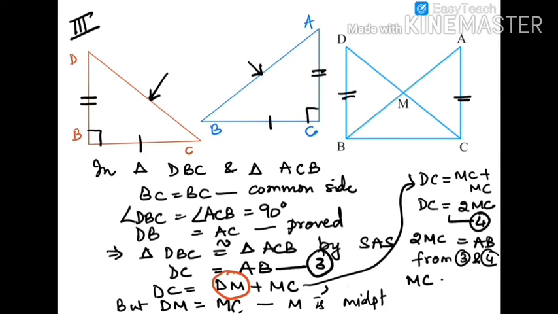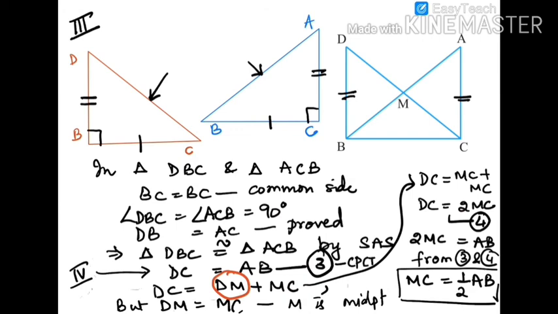This implies that MC is equal to half AB. And this is what we have to show in the fourth part of the question. So the fourth part starts from this step. What is the reason for this step? DC equal to AB, CPCT.